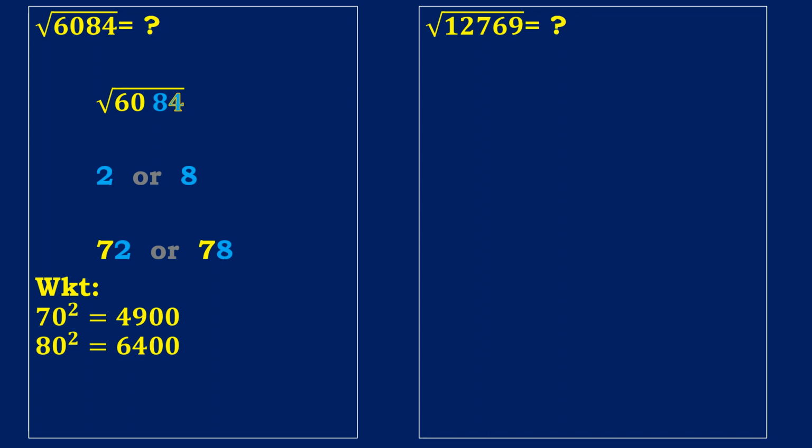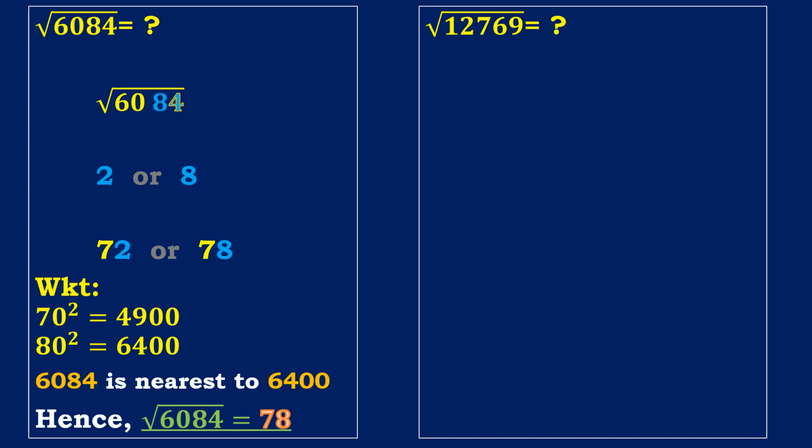Here, the number 6,084 is closer to 6,400. If 6,084 is closer to 6,400, its square root is also closer to 80. Therefore, the square root of 6,084 is 78.